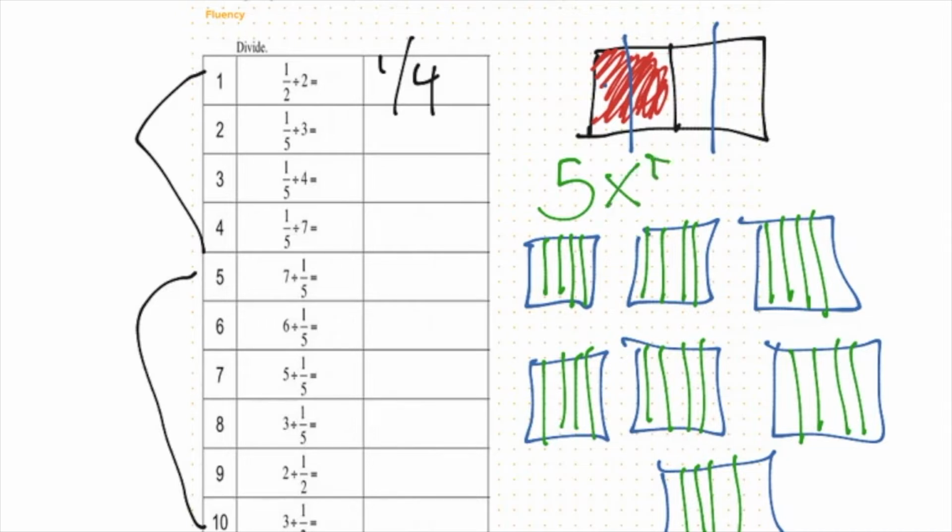So we are going to multiply 5 times 7, and that'll give us the answer of 35. Number 5 is 35. And now I want you to push pause, complete numbers 6 through 10. Go.